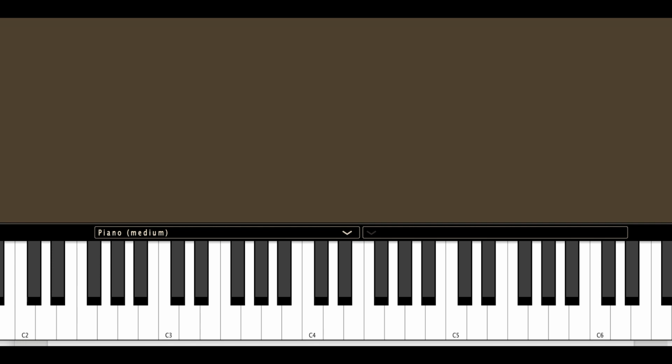Here now is the major scale again, starting on C. Some music in that might sound like this.